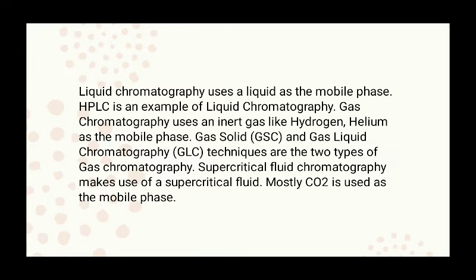High performance liquid chromatography is an example of liquid chromatography. Gas chromatography uses an inert gas like hydrogen or helium as the mobile phase. Gas-solid and gas-liquid chromatography techniques are two types of gas chromatography. Supercritical fluid chromatography makes use of a supercritical fluid, mostly carbon dioxide, as the mobile phase.